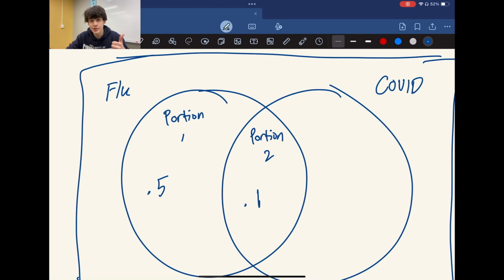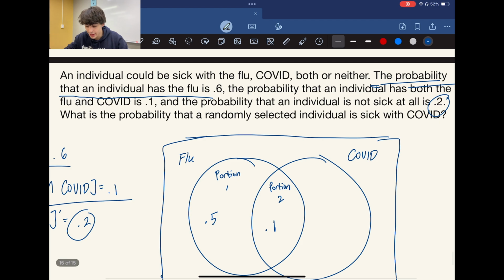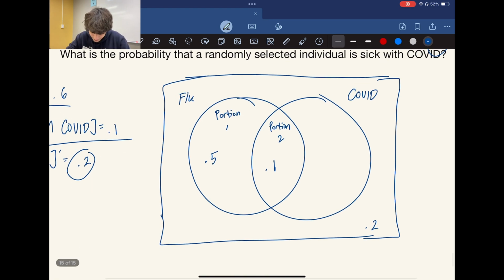It doesn't matter if they have just the flu, or the flu and COVID. They're sick with the flu regardless. So it said in the problem that the probability that an individual has the flu is 0.6. We were told that the probability that they're sick with the flu and COVID is 0.1. So in order to fulfill that 0.6, the remaining 0.5 is going to go in just the flu.